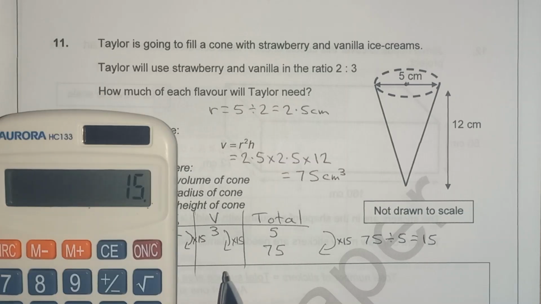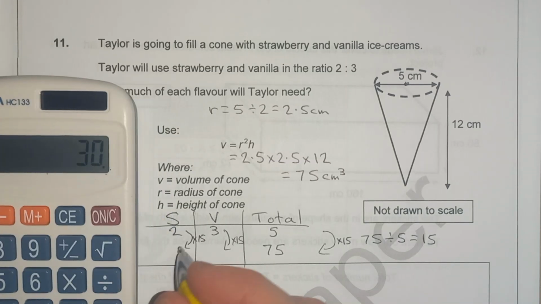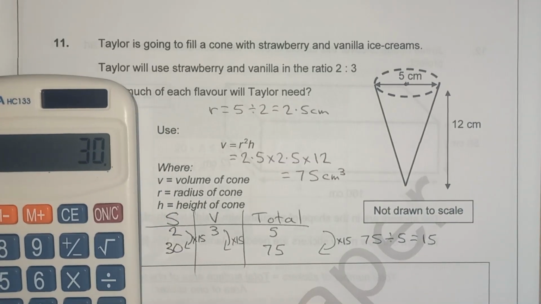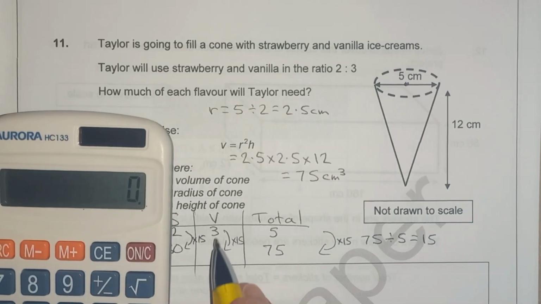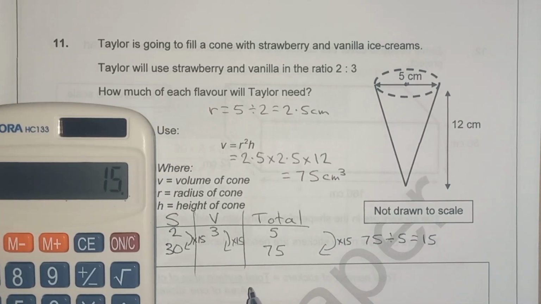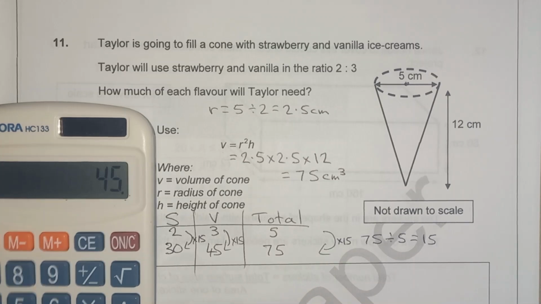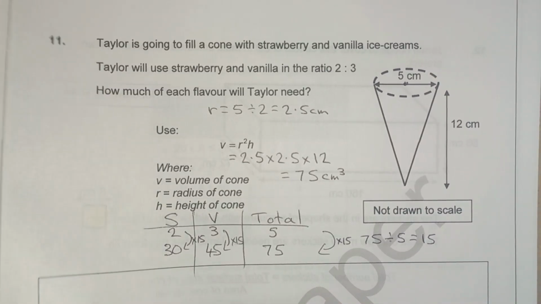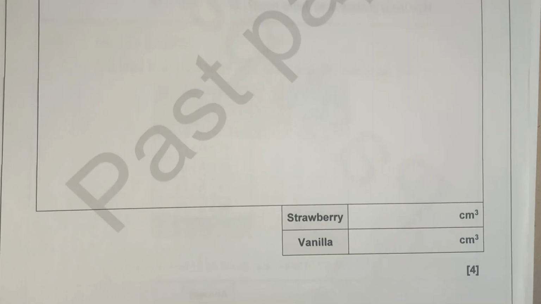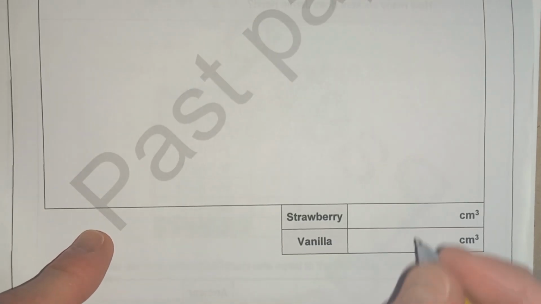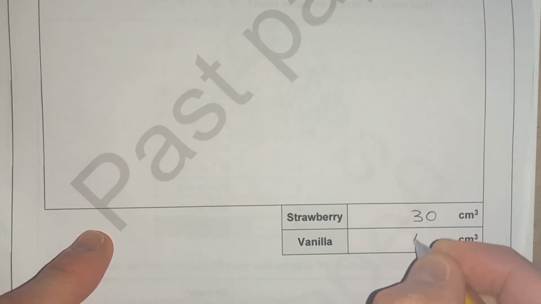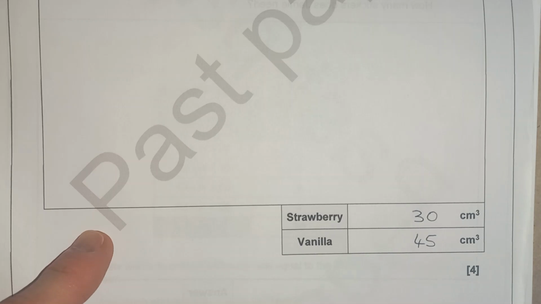Okay, so 15 times 2 gives us 30 for strawberry. And for vanilla, we've got 3 lots of 15, which is 45. And that's going to be centimetres cubed, but in fact, they've given us the units down here, so we just need to put our 30 and 45 in.